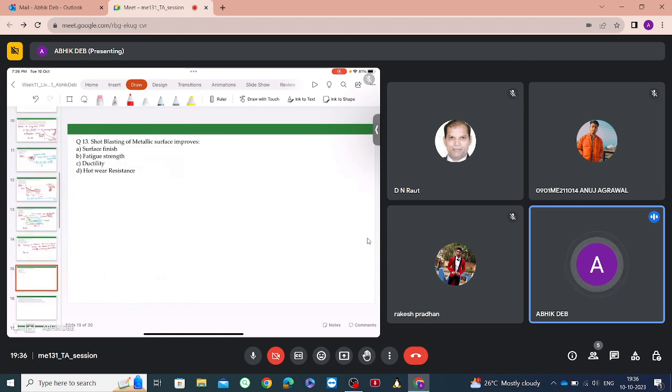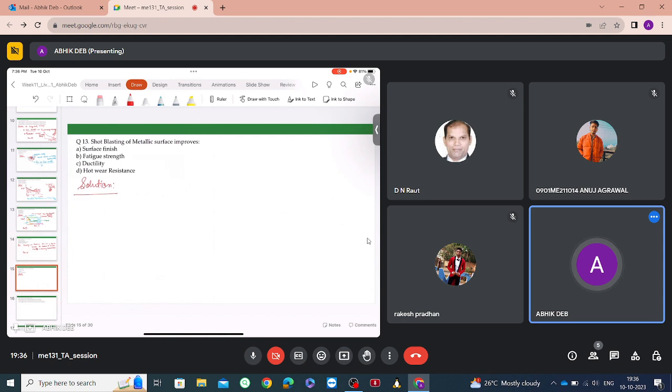Now coming to the next problem: shot blasting of the metallic surface improves which of these? See, shot blasting is a kind of strain hardening process, which we have explained much previously.